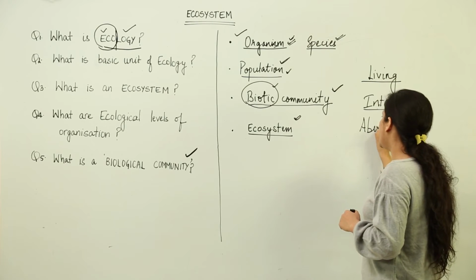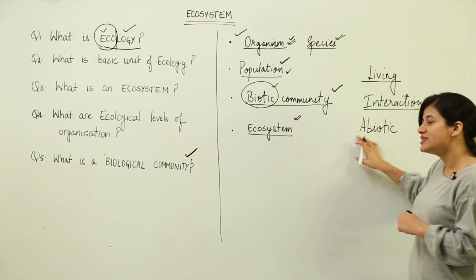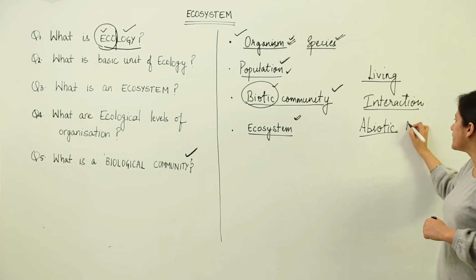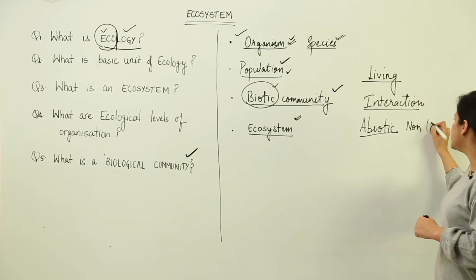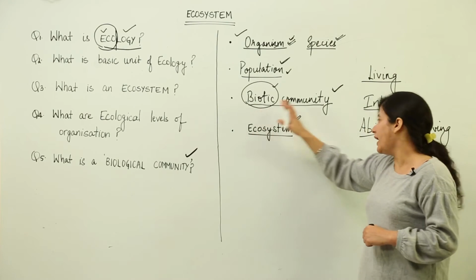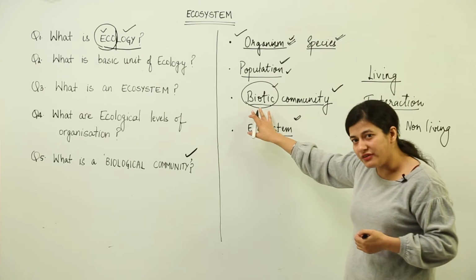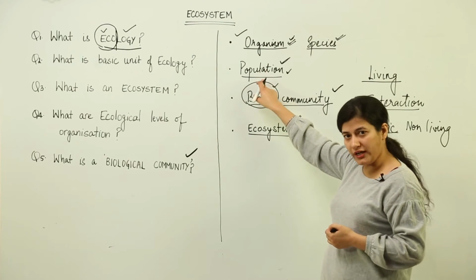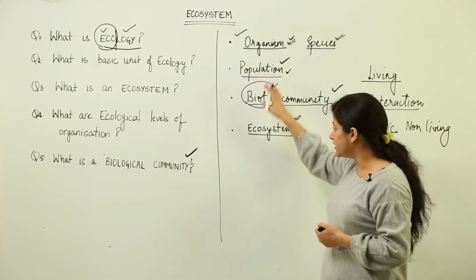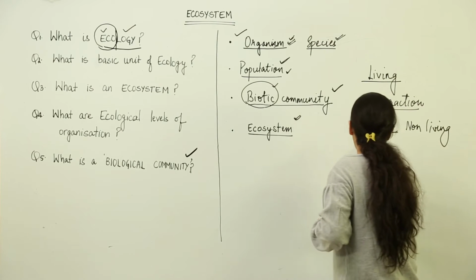If I put the word a behind any word, then it would be devoid of it. That means something non-living. So we get another term that is to be crammed over here, that biotic means living and abiotic means non-living. So in an ecosystem, the living communities of populations of organisms are interacting with the abiotic components of the environment.